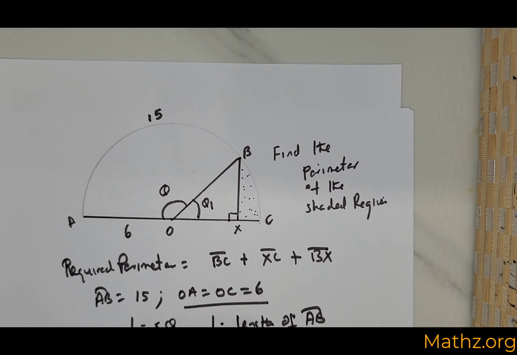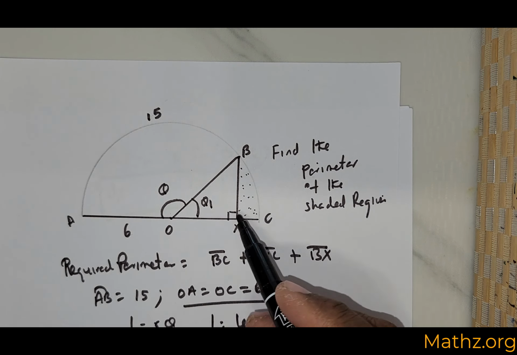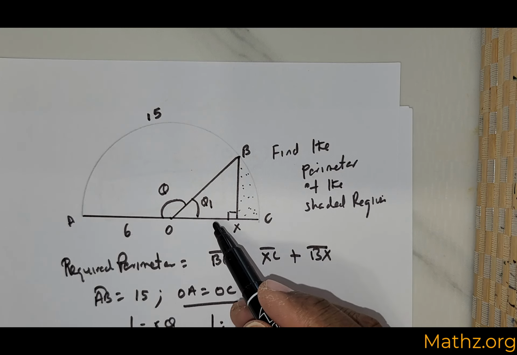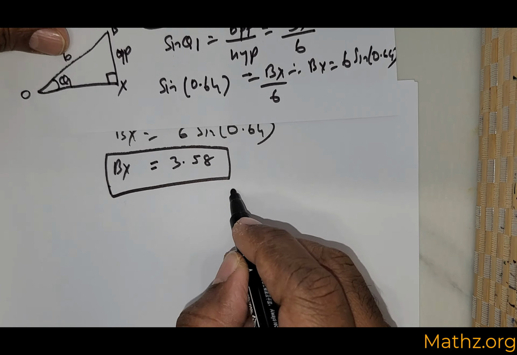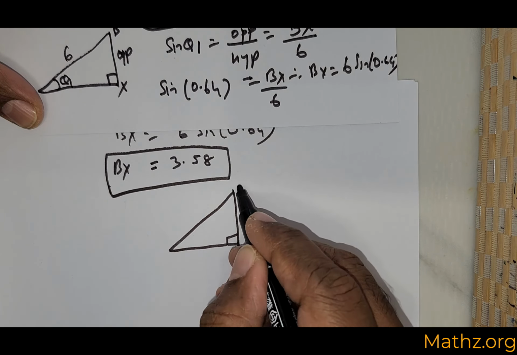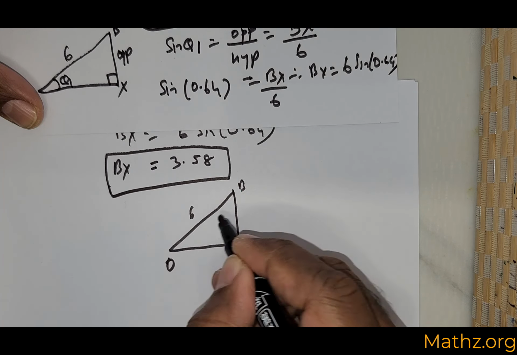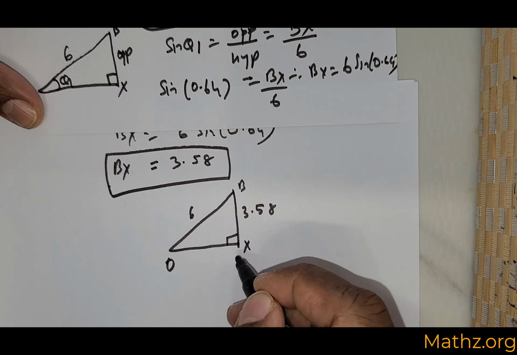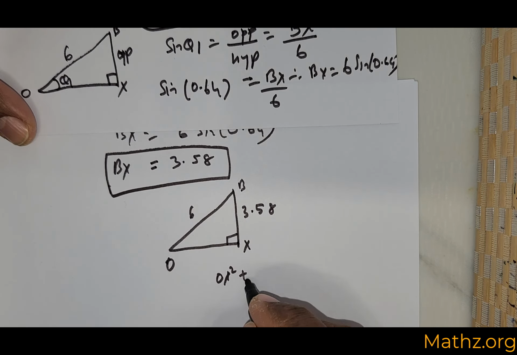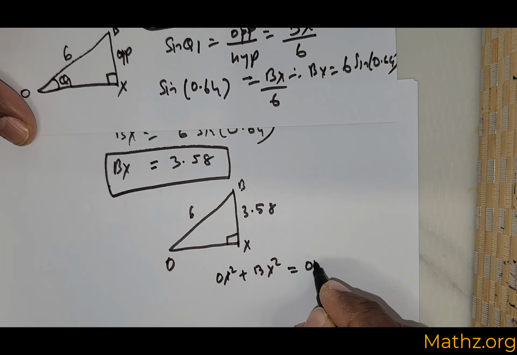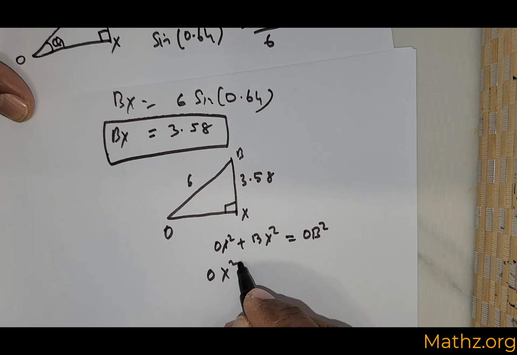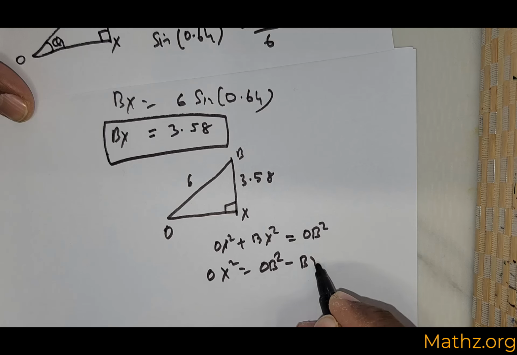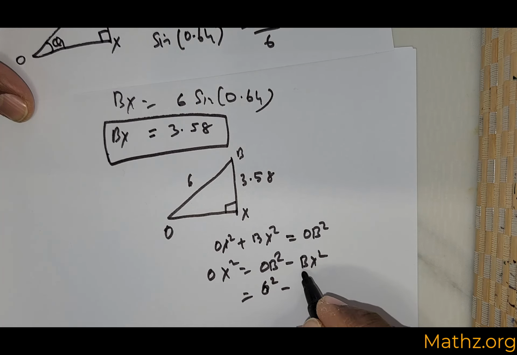Now go over here. What do you see? This is actually a Pythagoras triangle. In other words, I can apply Pythagoras theorem to get OX. So let me draw the triangle. It's a 90-degree triangle. So this is 90, B is there, X is here, O is here, this is 6. This side is 3.58. Now I want to calculate OX. So OX squared plus BX squared is equal to OB squared. So OX squared is OB squared minus BX squared. OB squared is 36. I will write that as 6 squared.